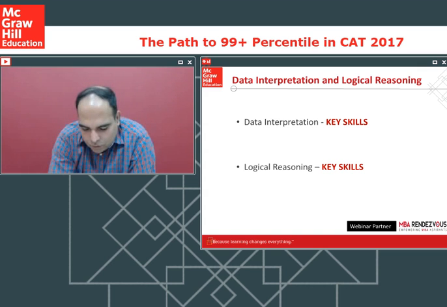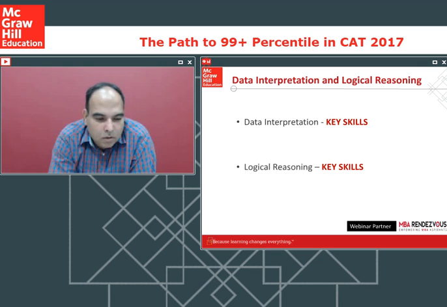And as I told you, if I look at the numbers again, Quants at 75 was 100 percentile, DILR was 100 percentile around 67, 68. It's almost 10% off. Right? And in fact, at a score of only 30 marks, 30 out of 100 in DILR, you scored a 92 percentile in DILR last year. Right? So make sure that you understand the dynamics.